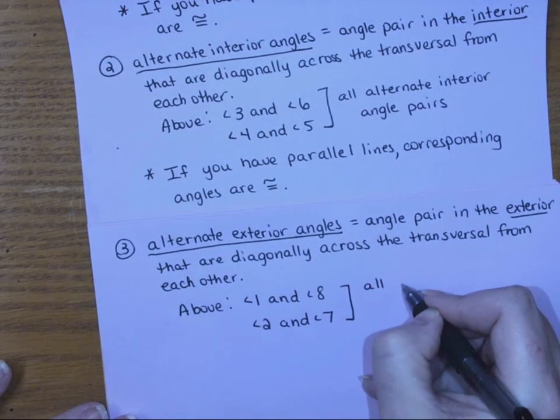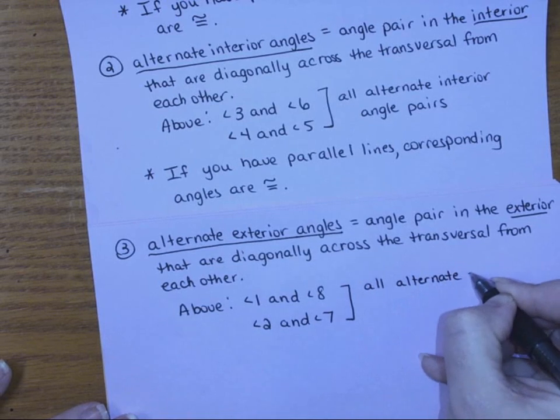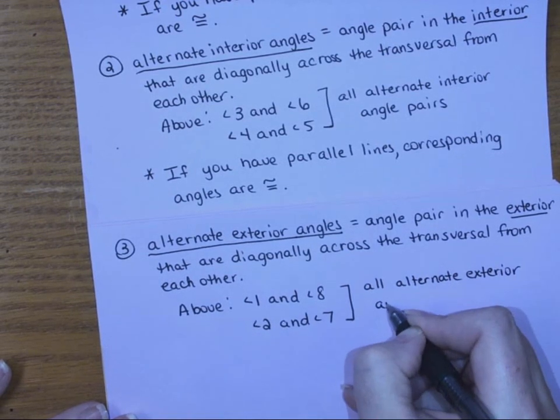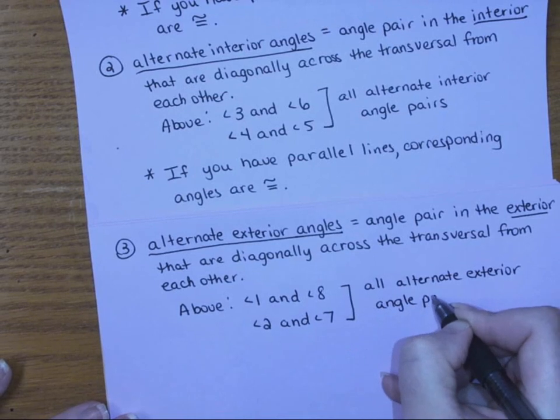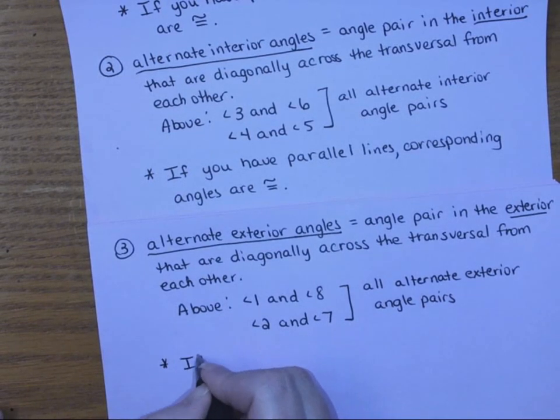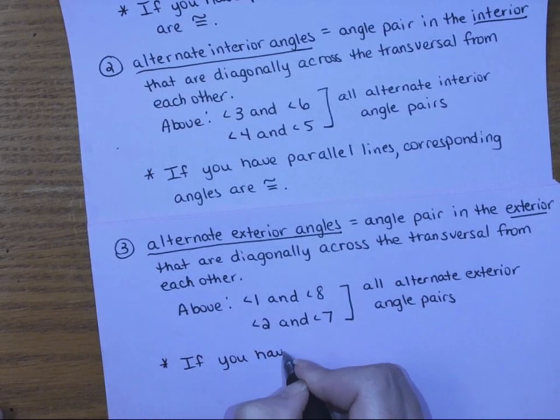Okay, and these are all alternate exterior pairs. And so once again, if you have parallel lines, these are congruent to each other also.